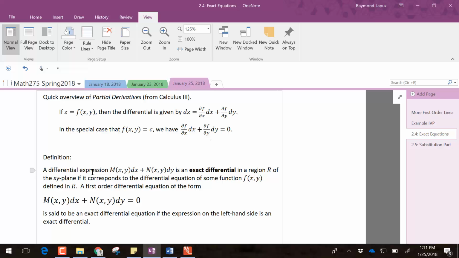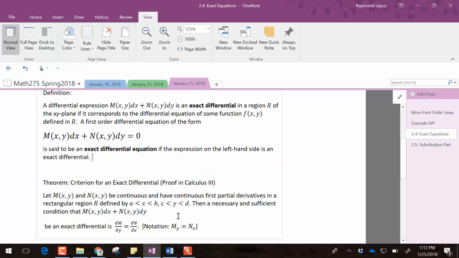And so from there, we can define a first order differential equation that looks like that exact differential equal to 0: an exact differential equation. It's called an exact differential equation if that expression on the left-hand side is a differential of some function.